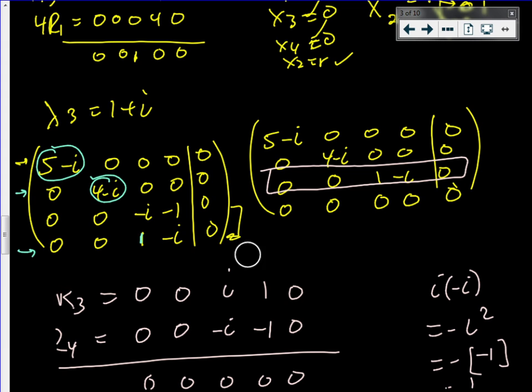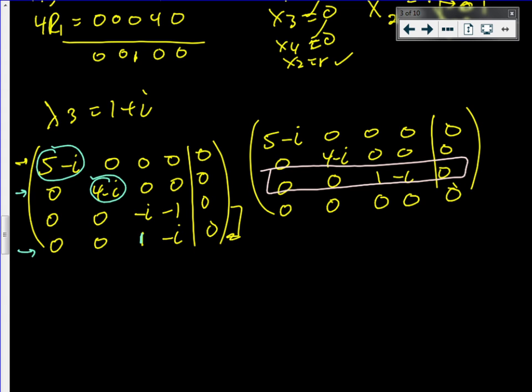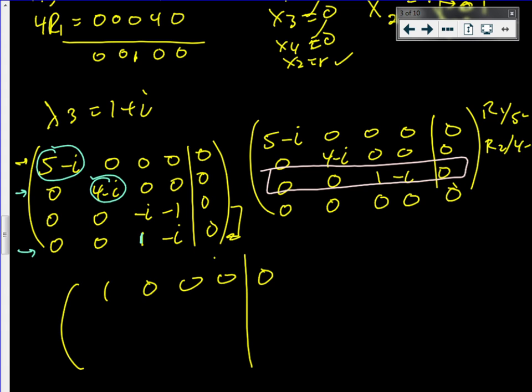So now I'm pretty much ready. I'm going to divide row 1 by 5 minus I, row 2 by 4 minus I. That's going to give me 1 followed by 4 zeros. And then 0, 1, triple 0, and then 0, 0, 1, negative I, 0, and then a row of zeros.